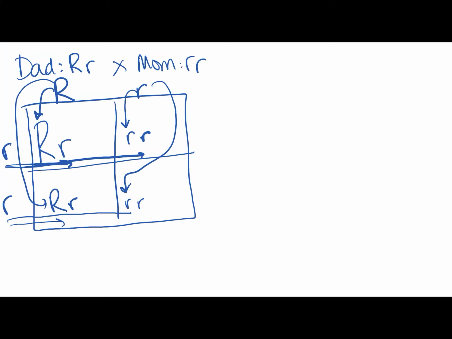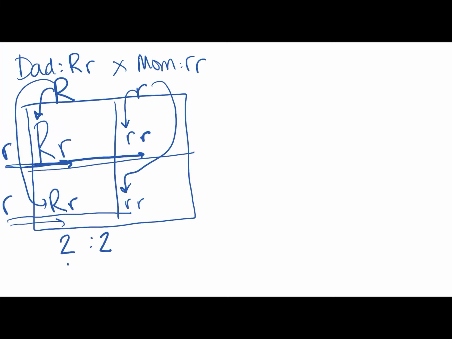Okay, so this couple would expect that 50% of their offspring would be able to roll their tongue. Okay, our phenotype ratio would be 2 dominant phenotypes to 2 recessive phenotypes, but ratios are kind of like fractions.